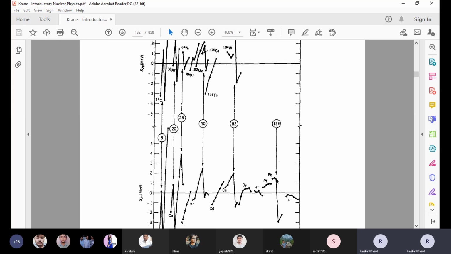It means you require more energy to remove 2 proton or 2 neutron from those nuclei whose number is such that either the number of proton is equal to this number or the number of neutron is equal to this number.